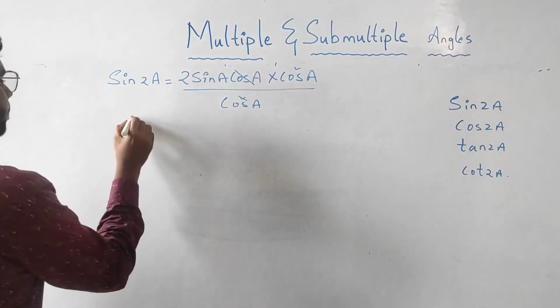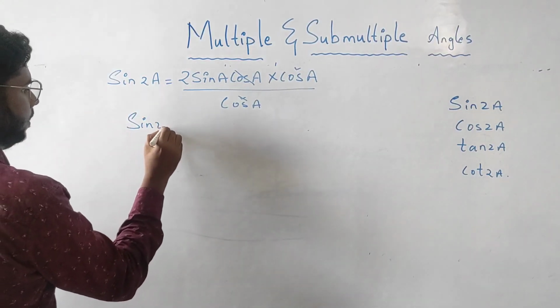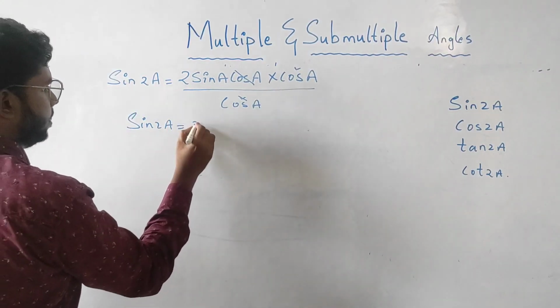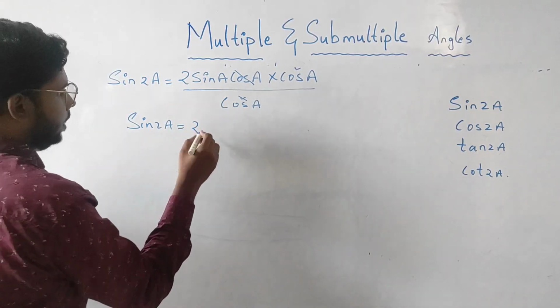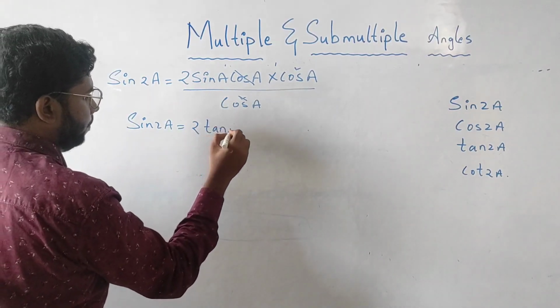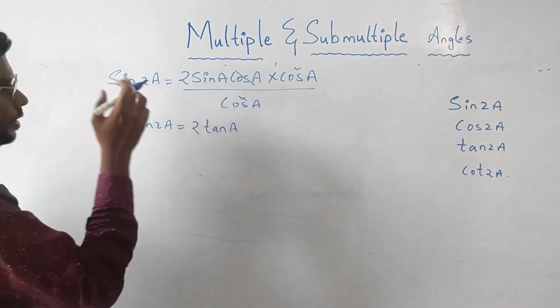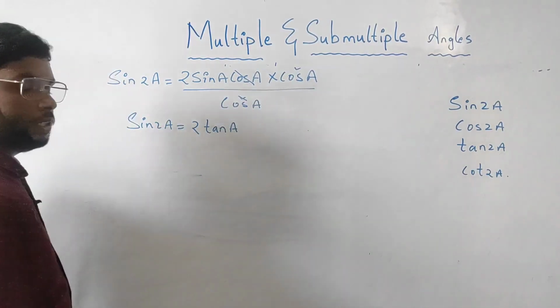So sine 2A is equal to 2 as it is, and here sine A by cos A is tan A. Sine by cos is tan A. And what is here? Sec square A.